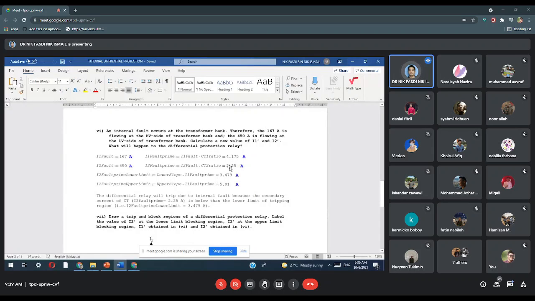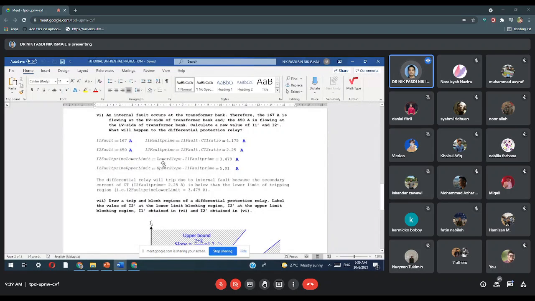Okay, kita ni juga ikutkan solution ni dia kira mid and upper limit. So for this condition, we try to determine the lower limit dulu. Okay, lower slope times the I fault prime, that is this one.